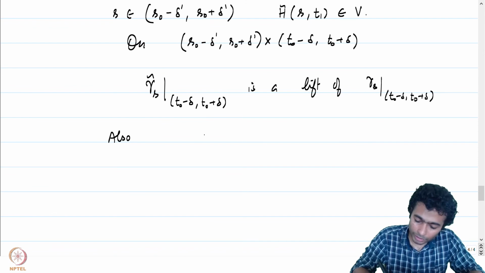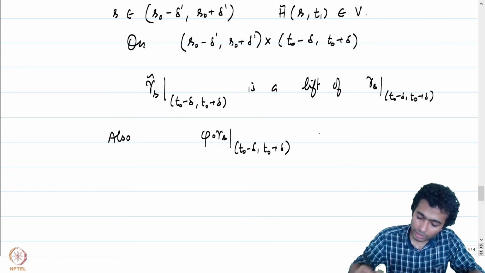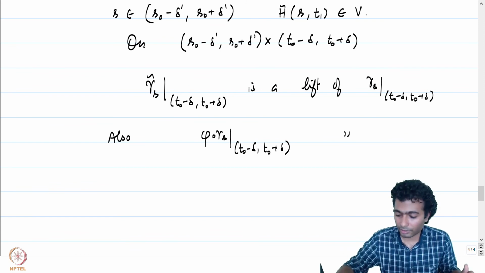Also, if you look at phi composed with gamma S restricted to T0 minus delta to T0 plus delta, that is also going to be a lift of gamma S restricted to T0 minus delta to T0 plus delta.